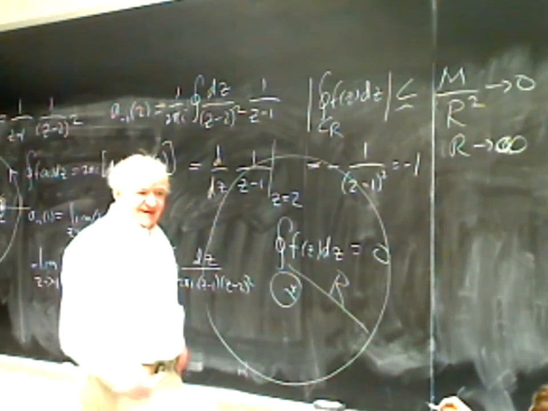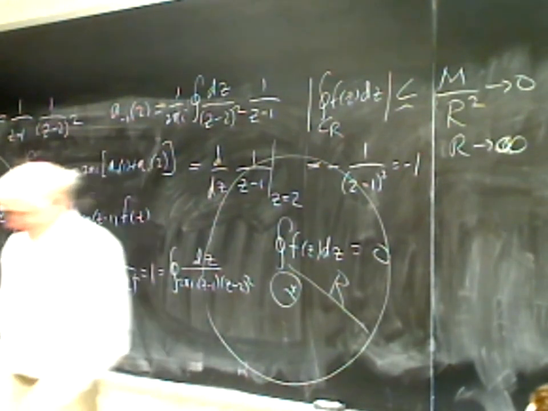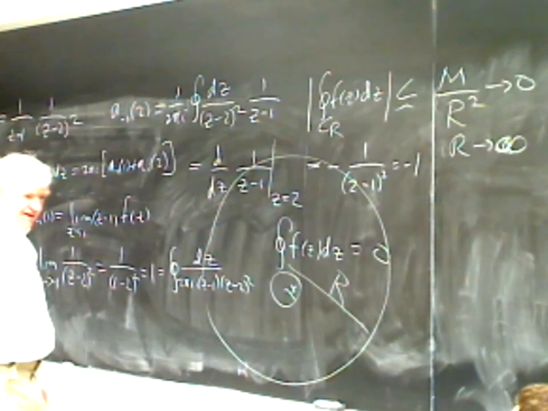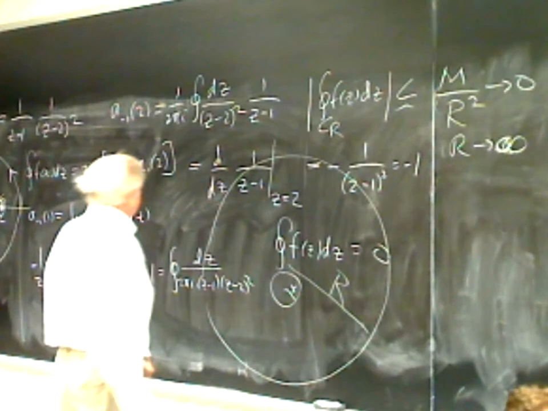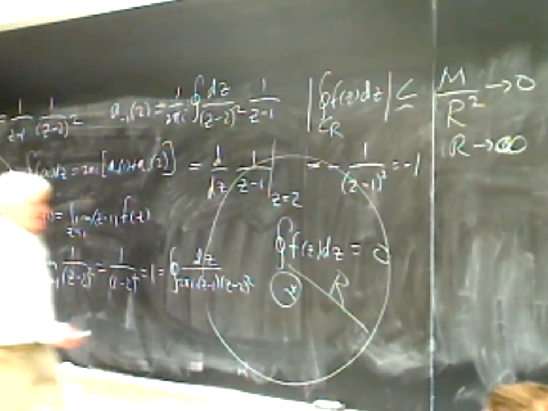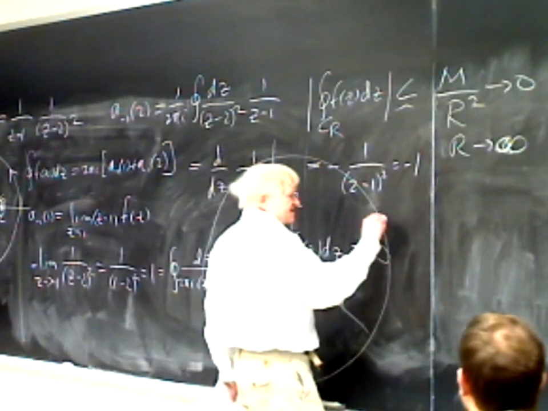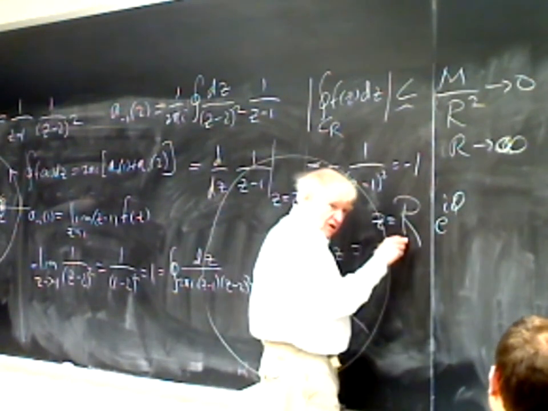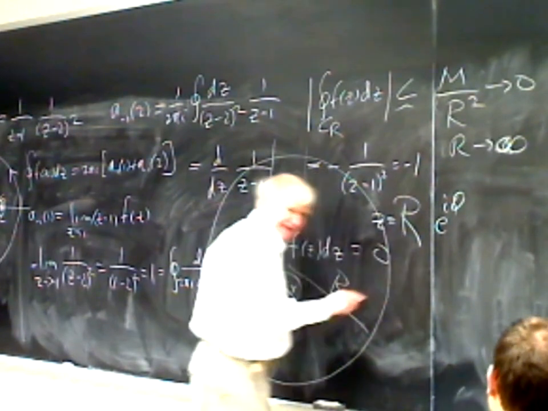Why is it obvious? Because of the amplitude height? It's obvious that it's 0 when you get... Yeah. And the reason is that f of z goes down, suppose on this contour z is equal to r e to the i theta, where r is huge.